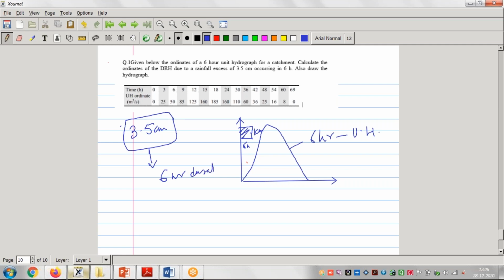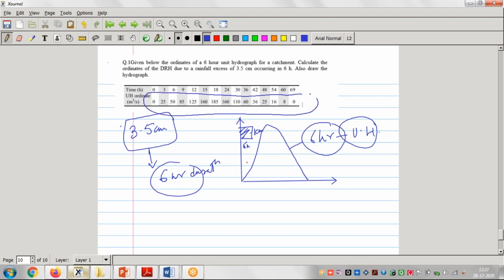For 6-hour duration, see, we already have the 6-hour unit hydrograph. So if we multiply these ordinates, whatever ordinates are given here, by 3.5 centimeter rainfall, we will get the ordinates for the 3.5 centimeter rainfall depth. Is it okay, what I'm saying?